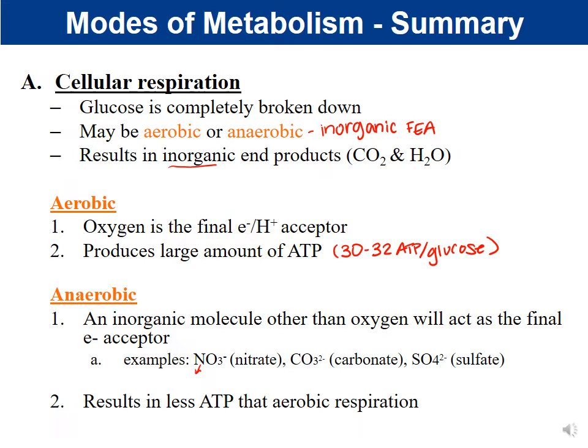So what does it get reduced to? If nitrate is the final electron acceptor, it's going to produce nitrite. And so our nitrate reduction test was seeing if nitrate could act as the final electron acceptor during anaerobic respiration. So we have nitrate can be our final electron acceptor.